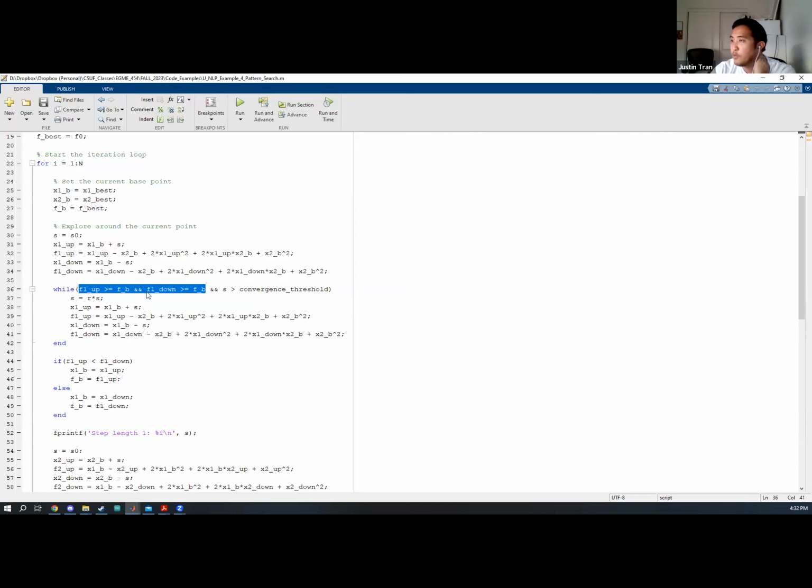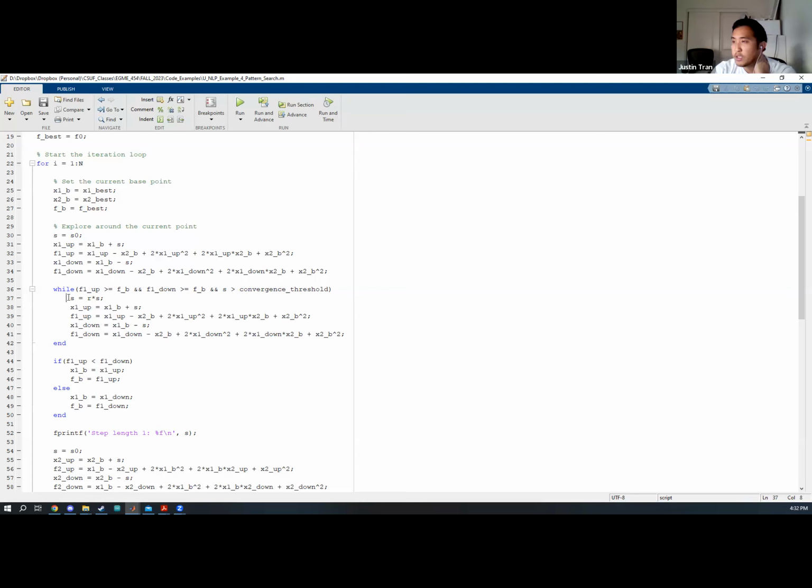If both f1 up and f1 down are greater than FB, that means we're not seeing any improvement by taking these steps. Remember, if we're not seeing an improvement by taking steps, we're going to reduce our step size. The other thing we're checking is whether our step size is greater than the convergence threshold. Remember, if the step size gets too small, then we're saying that the solution has converged at this step.